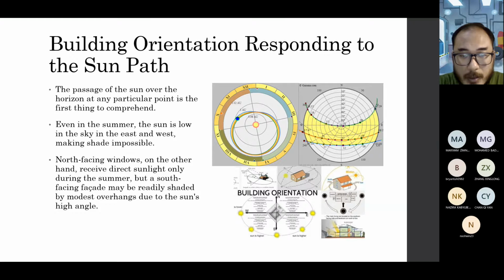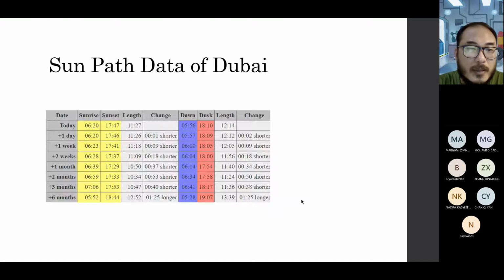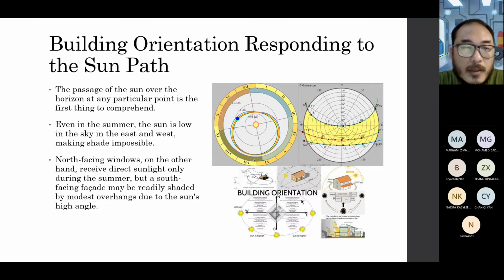The building orientation, the big title there, then you have north, west, east, and south, and then the sun. That one should be one full page. Can you zoom into that, or copy and then paste to the other side? Yeah, sure, can you do that?